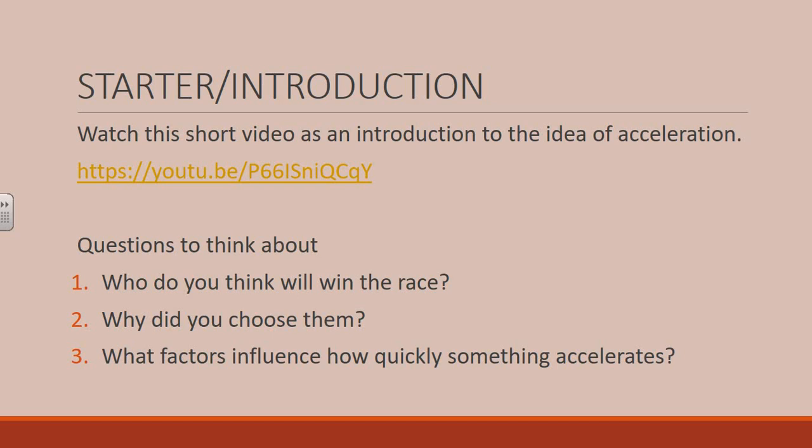Whilst you're watching the video, there's just 3 questions I'd like you to think about. First of all, before it starts, who do you think will win the race? Okay. Why did you choose them? And then as you watch the video, I'd like you to think about what factors influence how quickly something can accelerate. Okay, just some thoughts for you to jot down.